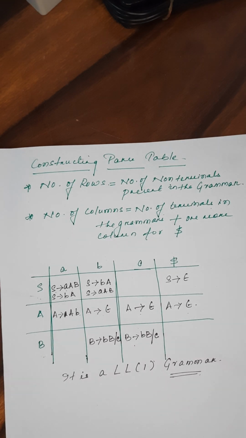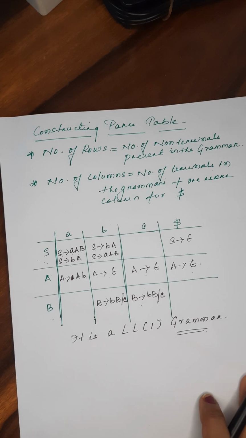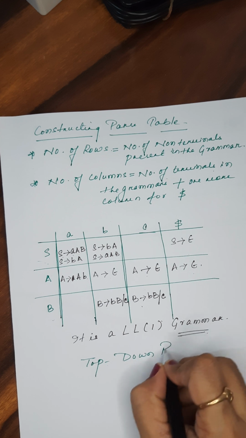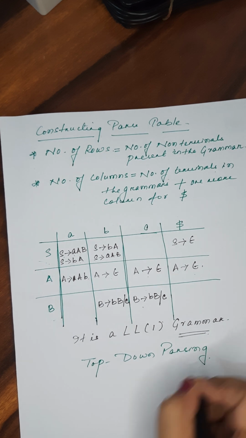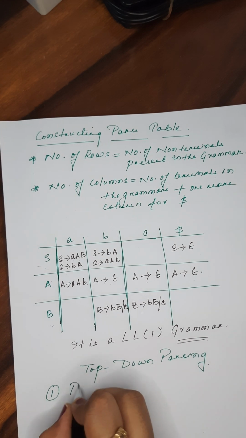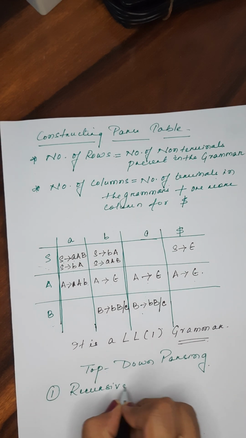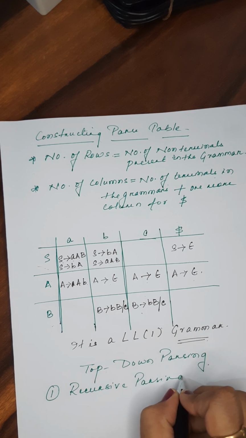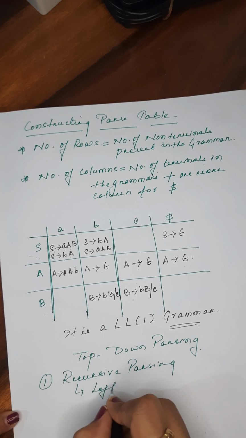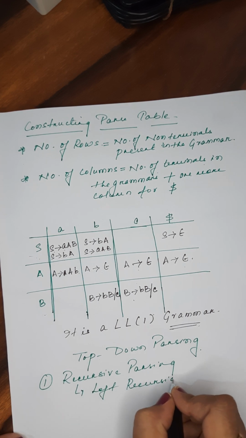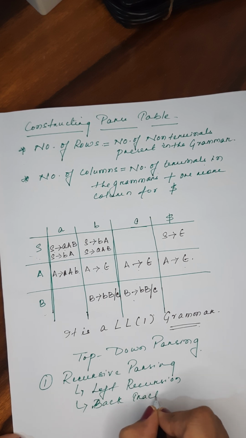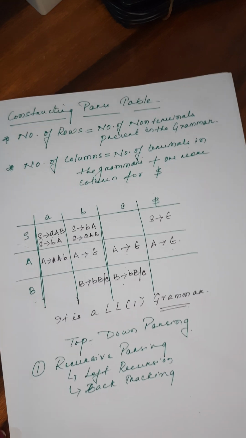So, till now what we have studied, look at this. We were studying top down parsing. So, what all did we study in top down parsing? First we studied recursive parsing. That means the grammar was having left recursion and backtracking.